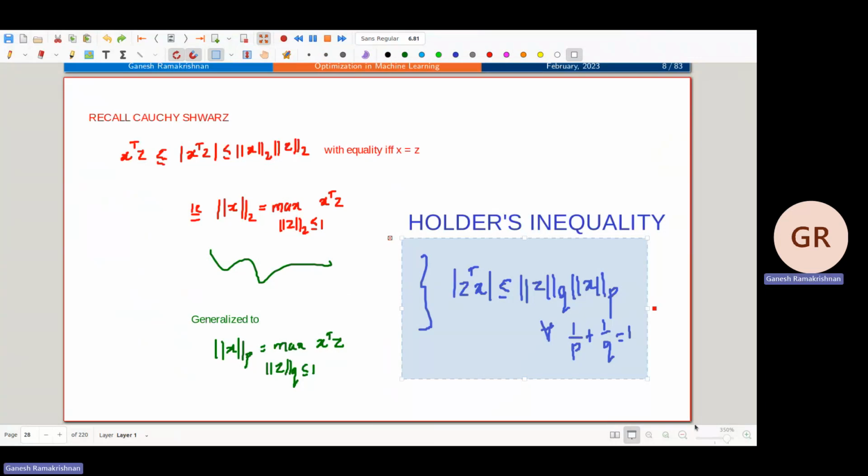The original inequality was the Cauchy-Schwarz. Is that clear?